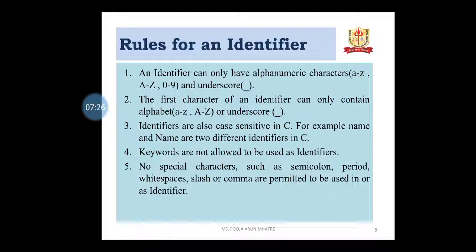The identifier is also case sensitive in C. For example, name in small letters and NAME in capital letters are two different identifiers in C, just because C is a case sensitive language.